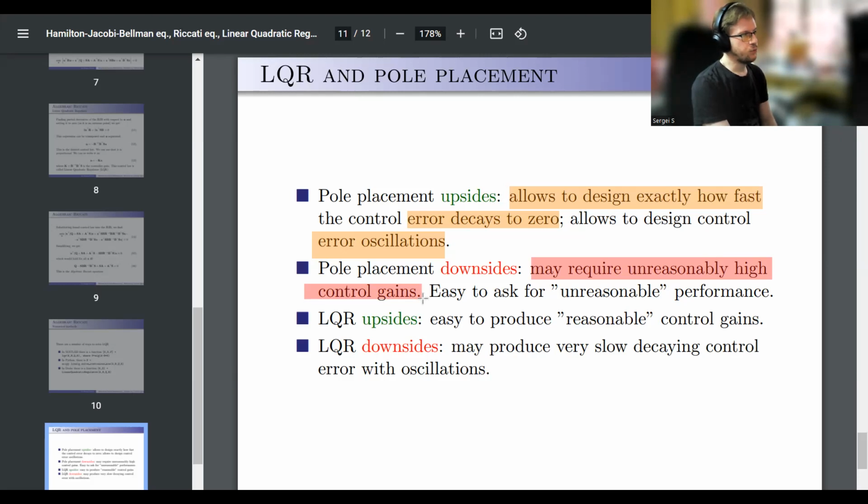So what I'm trying to say is it's very easy with pole placement to ask for something unreasonable because you don't understand how the dynamics works and you don't care about how it works. You simply ask it, now make it work this way. Let's say you have a bus, and you ask it to behave like a sports car.